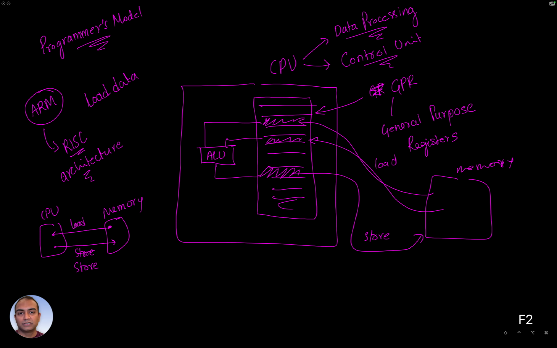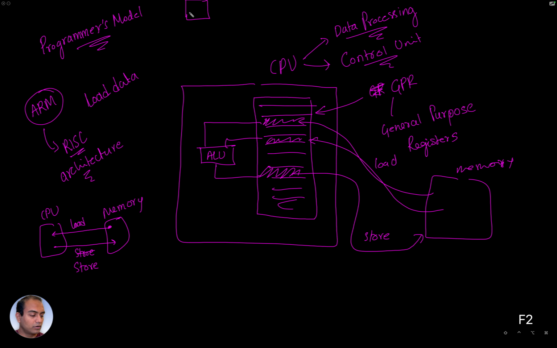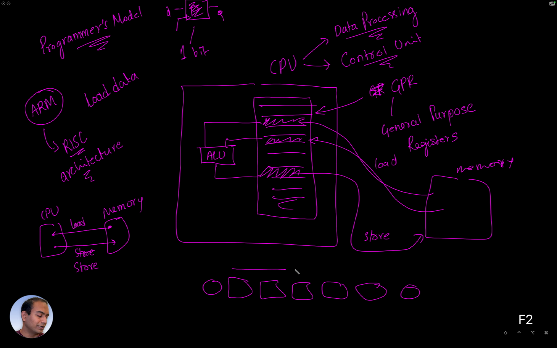Now, what is a register? So if you have heard of the D flip-flop, you load some data here, and then that stays latched within the D flip-flop. So that's like one bit being stored. And if you have many such D flip-flops, storing, in our case, let's say 64 bits, then it's called a 64-bit register.